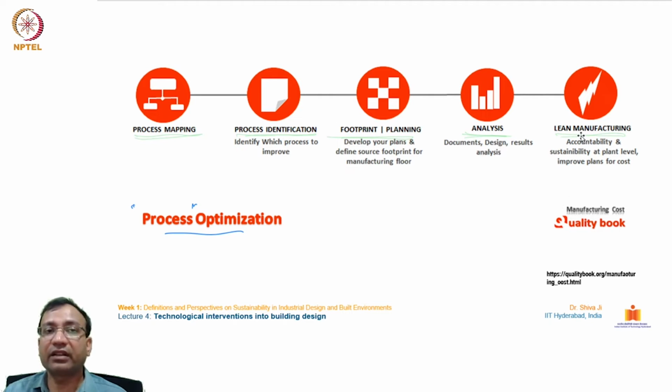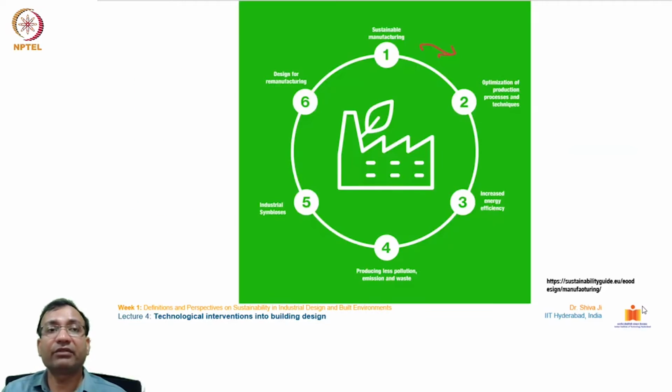Then finally lean manufacturing, accountability and sustainability at plant entry level, and improved plans for the cost. So these are very standard, typical procedures for any optimization process also. By complying with these measures to a high degree, it could result in optimization on the manufacturing front.